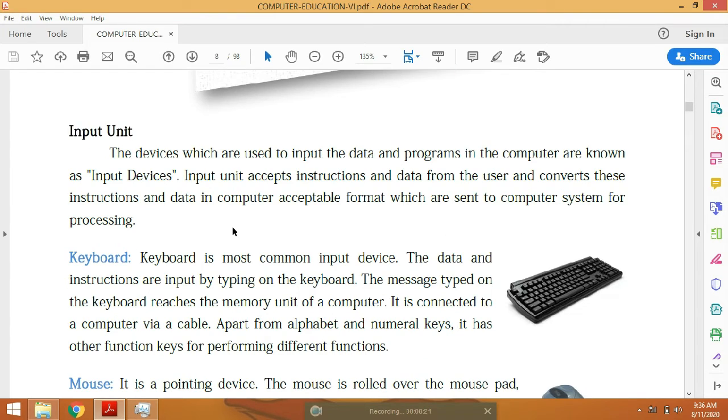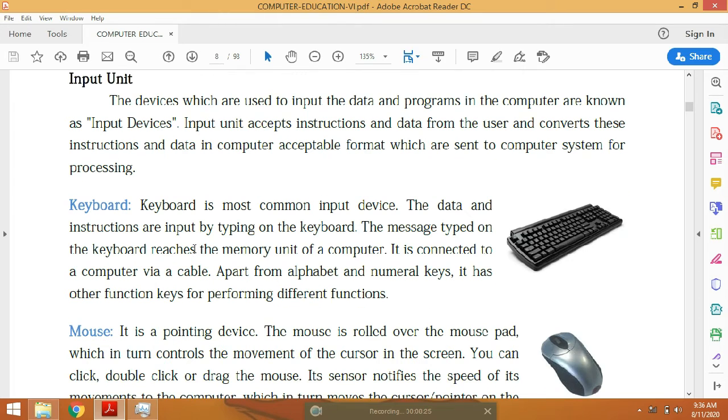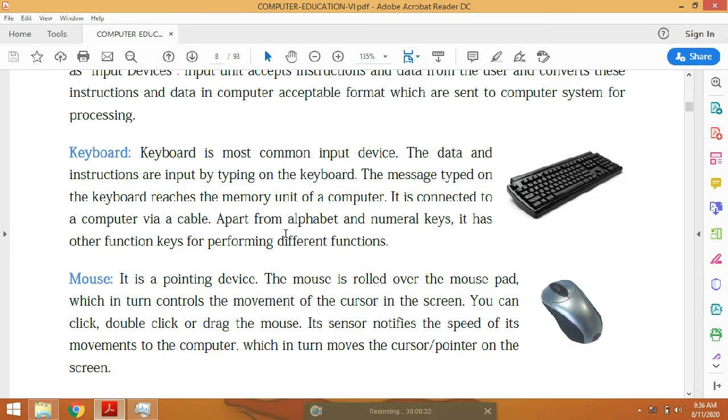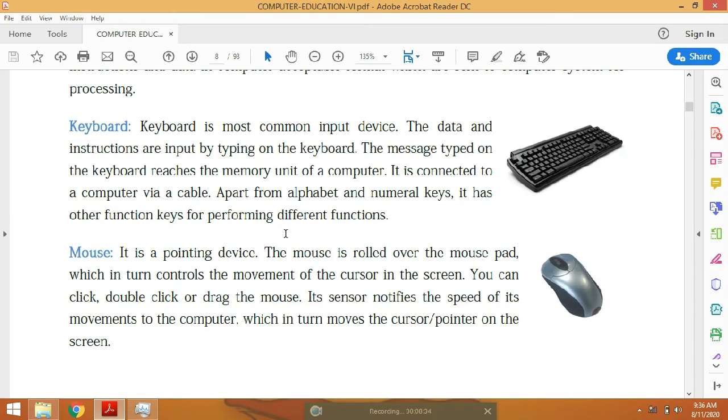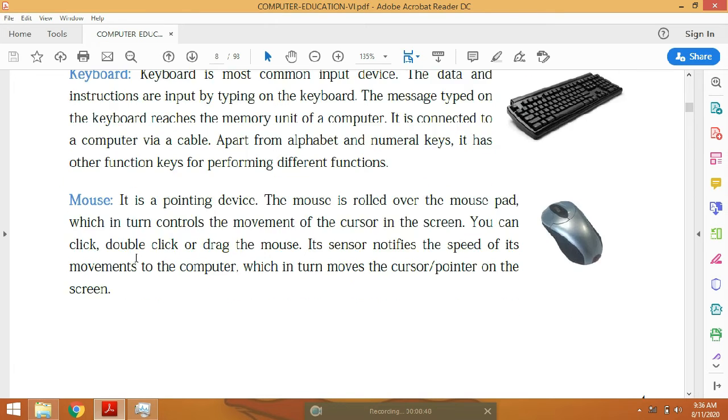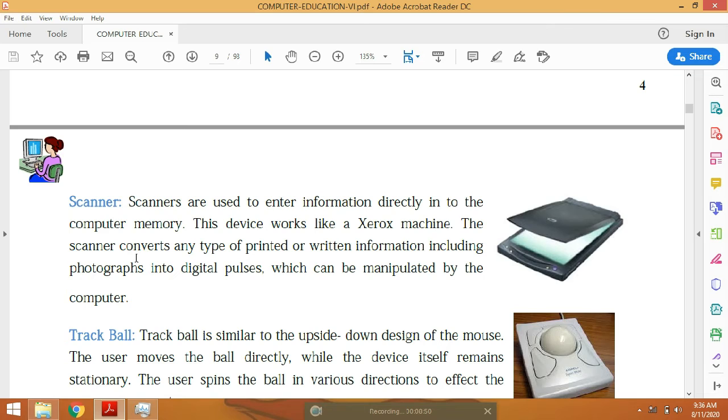We have different input devices. The first one is the keyboard, to take input from the user in the form of text. The mouse is used to select options, or you can say it's a pointing device. To scroll down and scroll up, we use the mouse. Then the scanner.